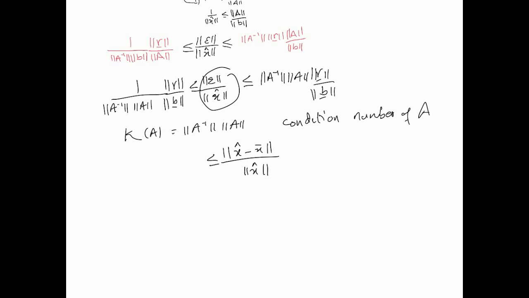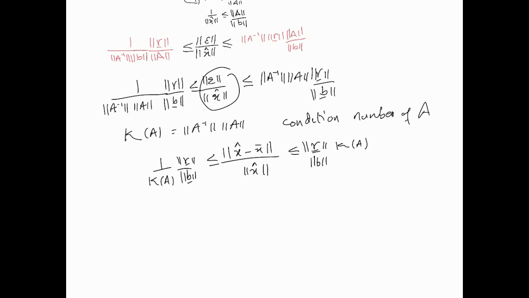So that's equal to 1 over kappa A times r over b, and you've got the same r over b on this side, and you've multiplied by kappa A as well. So now we've got this very interesting result.